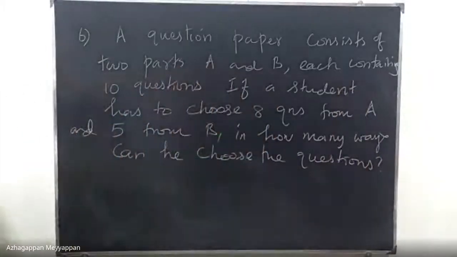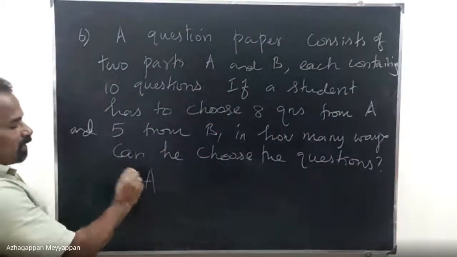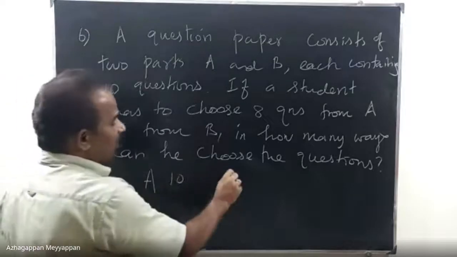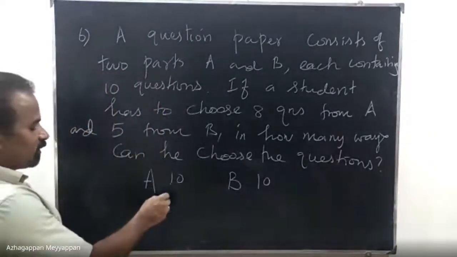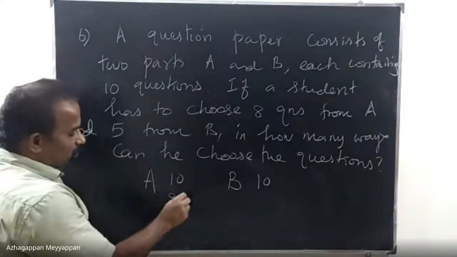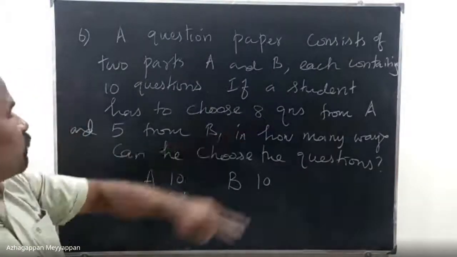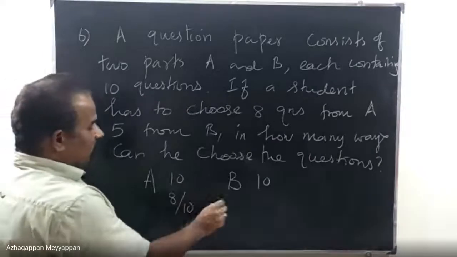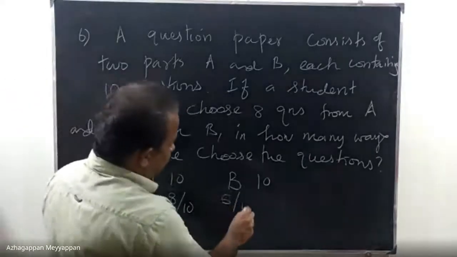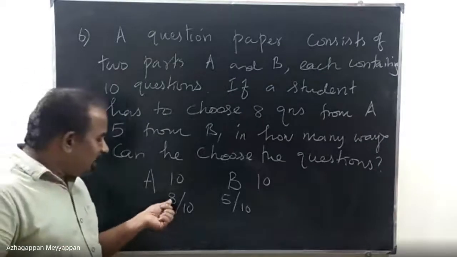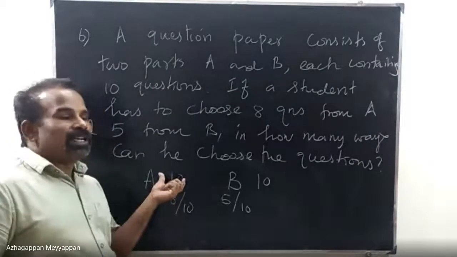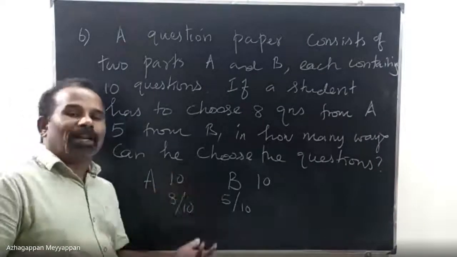Okay. So part A there are 10 questions. Part B again there are 10 questions. So we have to write 8 questions from part A and 5 questions from part B. So we are selecting 8 questions out of 10 questions because a question has no order.